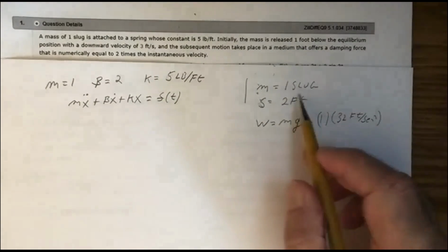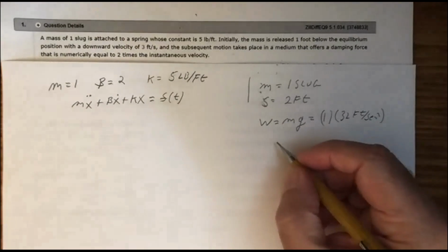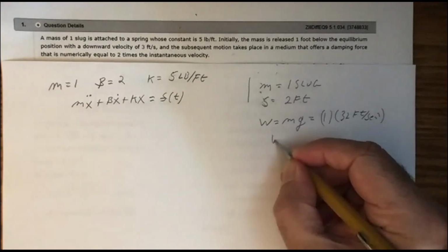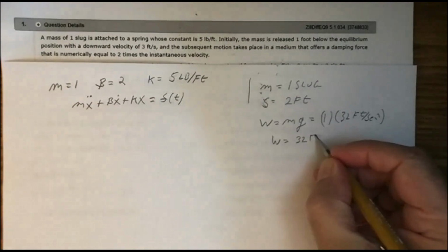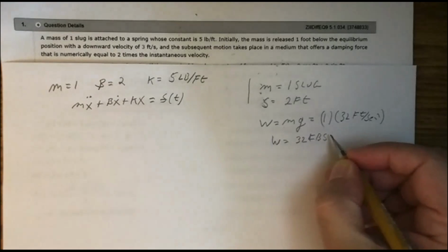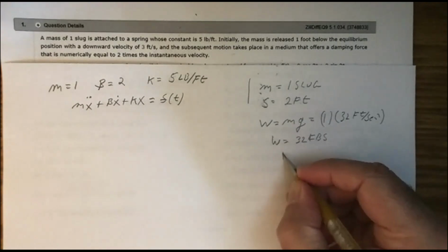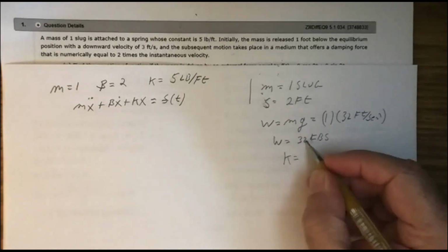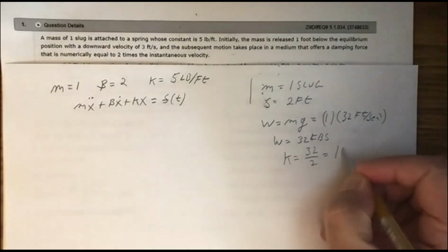So I want you to understand that when the mass is 1 slug and you push it down 2 feet, the weight is 32 pounds. So the spring constant K is going to be the force being supplied by the weight, 32 divided by 2, which is 16.